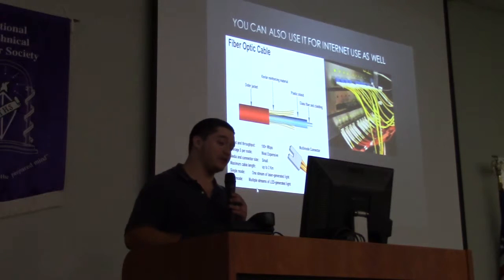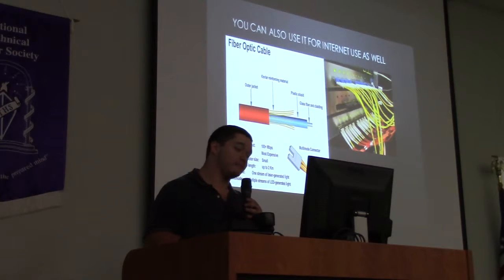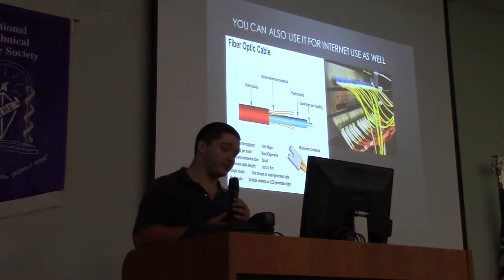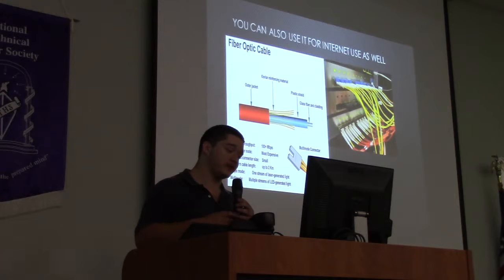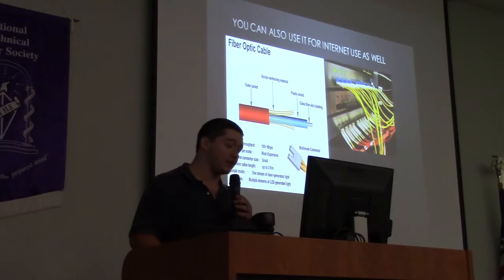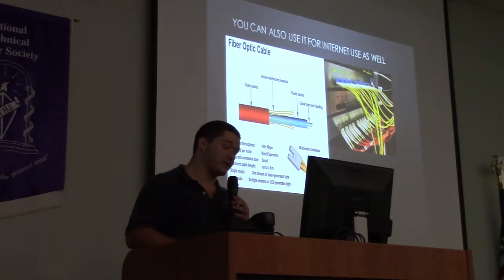And this is how it's made. The outer jacket protects it. The reinforced material is there so you can't strip it back easily. The plastic shield protects the glass fiber. Cabling, like I said, you can use for networking. The transfer speed is 100 plus megabits per second.